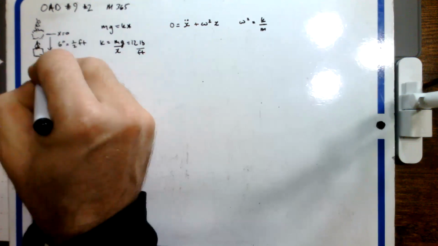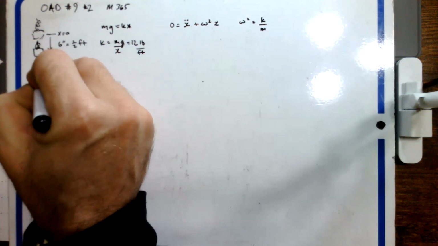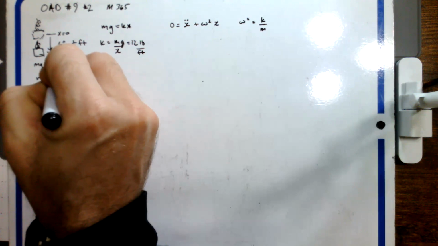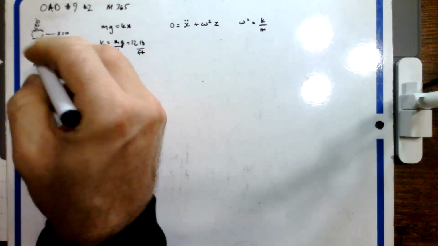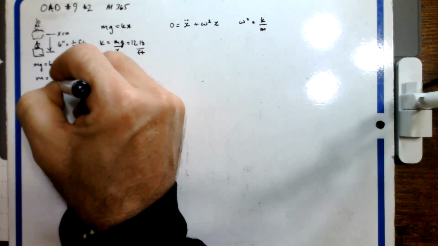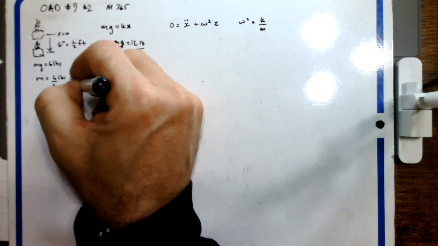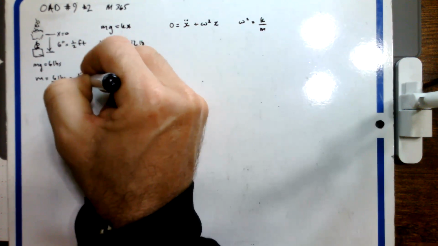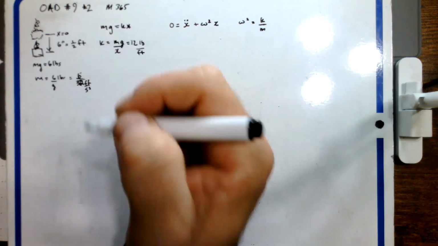So in order to find m, we need to divide both sides by g. So this is 6 pounds over g, which we're going to take as 32 feet per second squared.